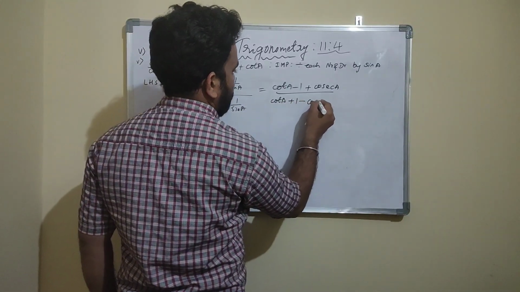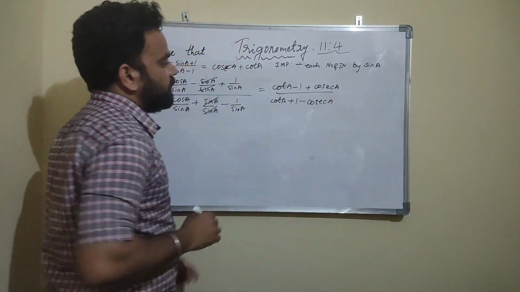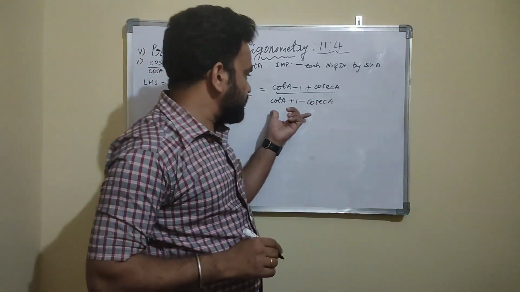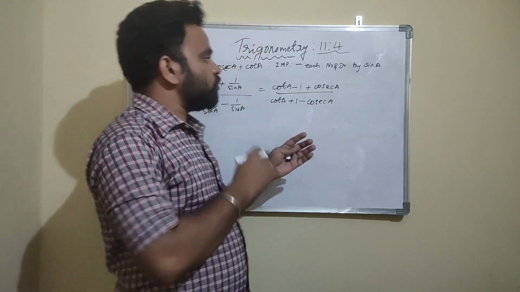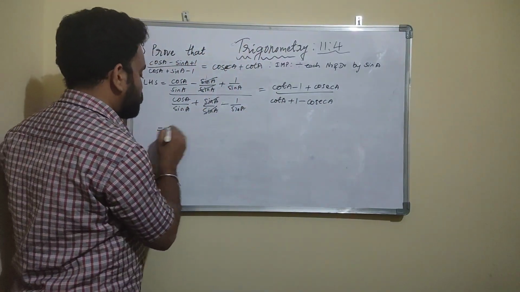minus cosec A. See, here we can do some changes in whatever result we got, so that we can divide and multiply by the conjugate of the denominator.